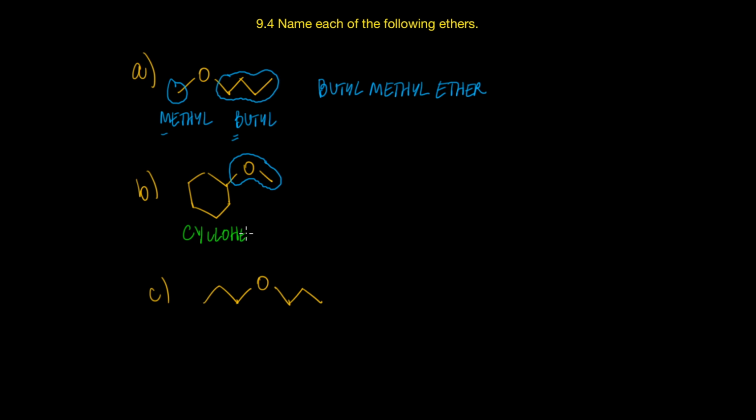That would be the parent, or the last name, of this compound. And up here circled, we have a CH3O or OCH3. That's methoxy. There's nothing else here, and we don't really need to use a number to say where that's attached. So the name for this compound is just going to be methoxycyclohexane.